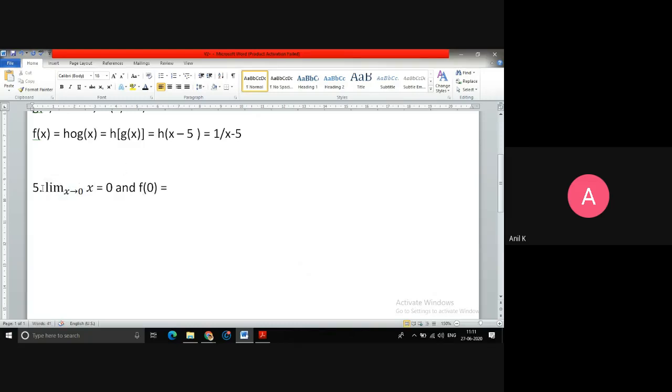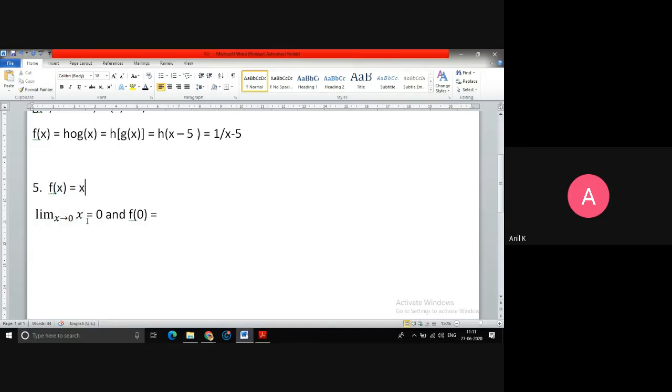If you want, let me put here one condition. Here my function is f of x equals x, because I'm thinking of the limit of the function at x equals 0. 0 is less than 1. If it is less than 1, my function is going to be f of x equals x.